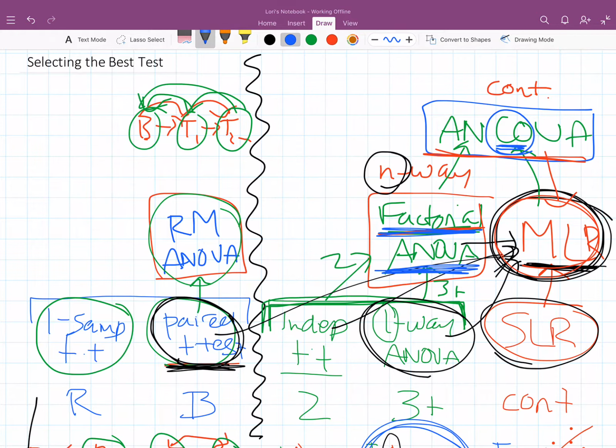So that's why we call it an ANCOVA, because it's an ANOVA with a continuous adjuster. So that is, in a nutshell, a bunch of different statistical tests that you may need to be able to choose between, and hopefully that helps you to be able to pick the best one for your particular testing scenario.